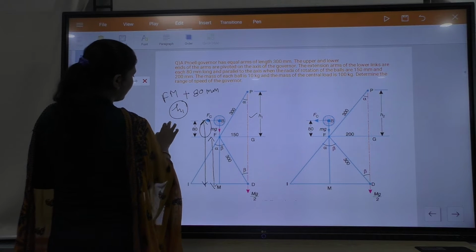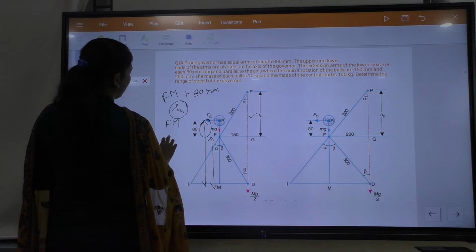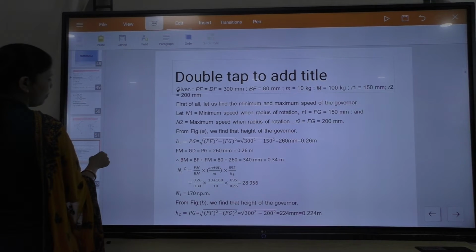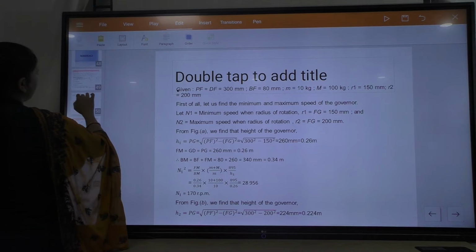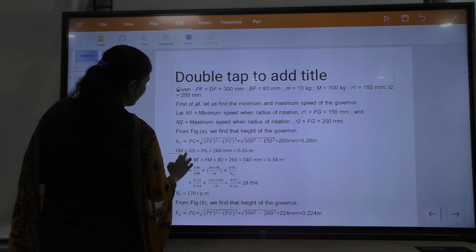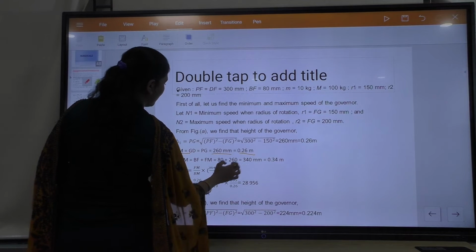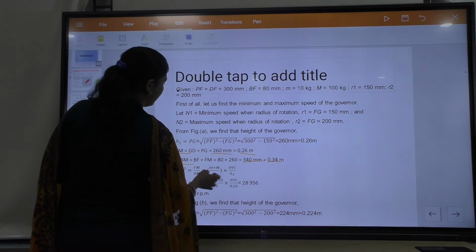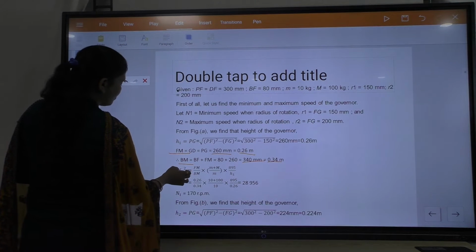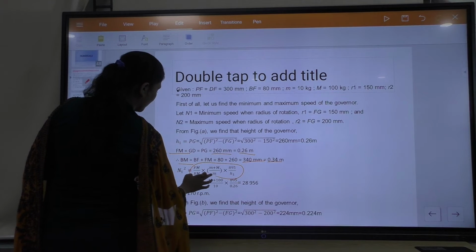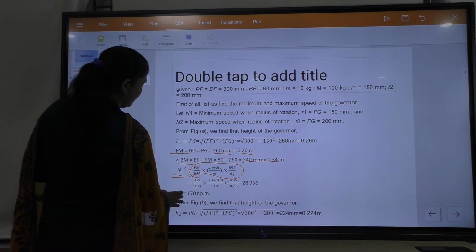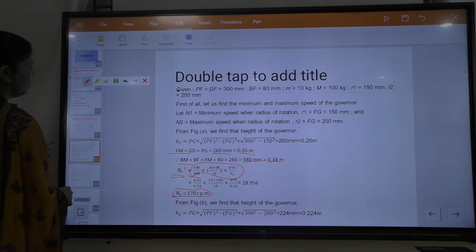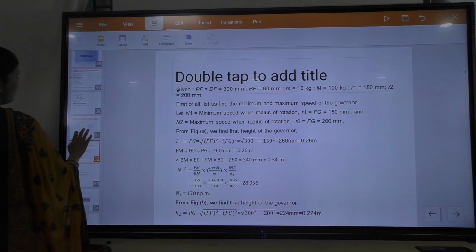So we got the value of Fm. Now easily we can find out the value of Bm. So here we calculated the value of Fm and Bm, that is Fm equals 260 mm or 0.26 meter and Bm equals 340 mm or 0.34 meter. Okay. So now put the values in this equation and we will get N1 equals 170 rpm. And similarly we can do the same thing for N2.